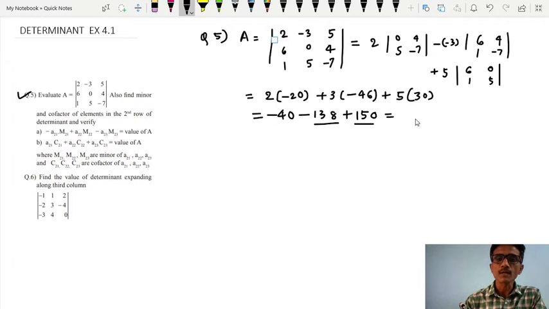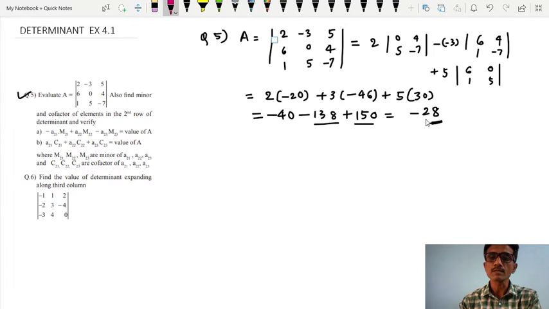So it gives us 12, and this is minus 40. So 12, this is minus 40. So you are getting the value of the determinant equal to minus 28. See, the value of the determinant is minus 28.